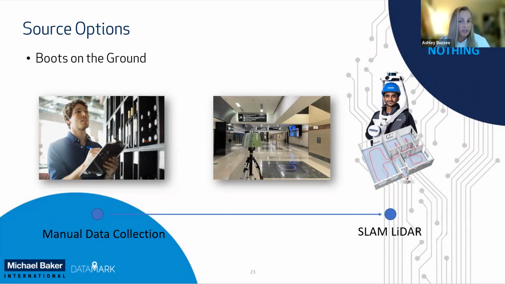You can move into terrestrial laser scanners or mobile mapping systems with sensors for SLAM technology. So that's really helping to optimize our data collection. They'll help you create pretty quickly 3D point cloud data and panoramic images as you walk those spaces.